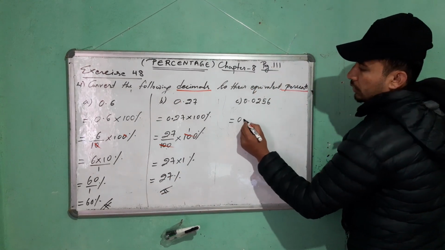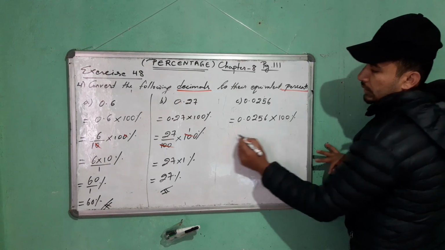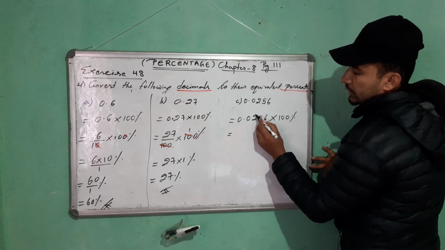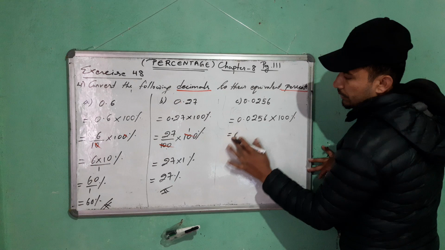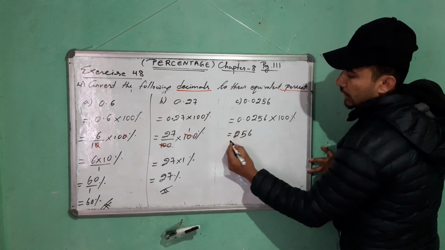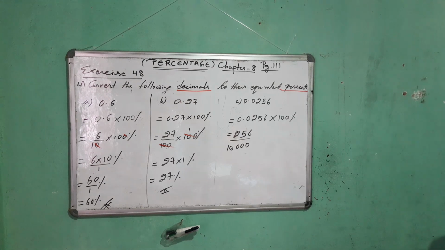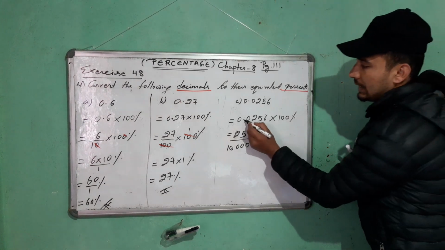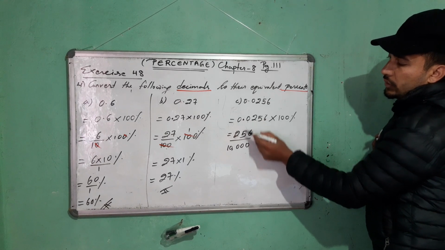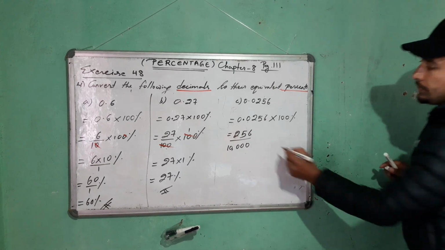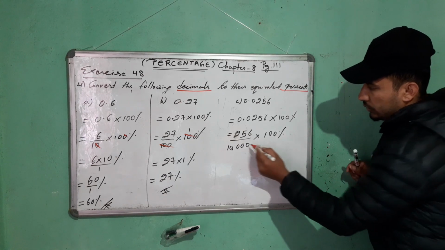This one: 0.0256 into 100%. Remove this decimal, units, tens, hundreds, thousands, ten-thousands. No need to write this 0, simply write 256 divided by 10,000. Since this decimal is in the ten-thousands place, 10,000 into 100%. Do the cancellation, 2 zeros you can cancel.